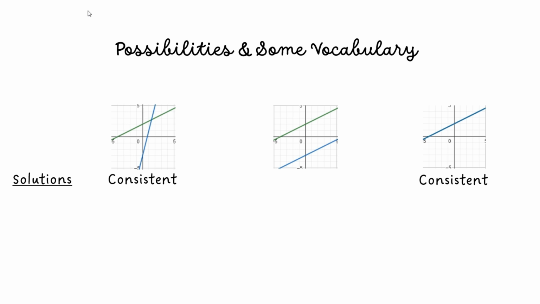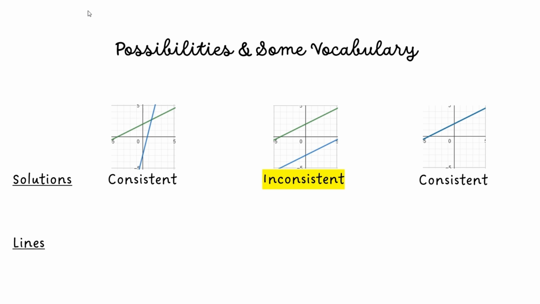The one that's different, the one that stands out, the one that you may be asked to use in an answer at some point, inconsistent. So those parallel lines are inconsistent because they have no solution.